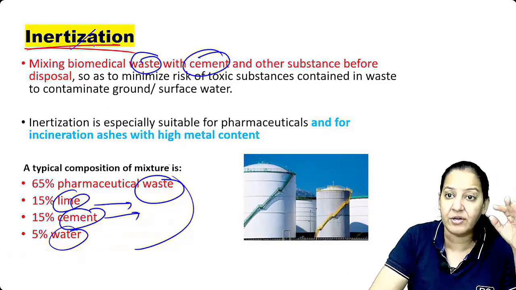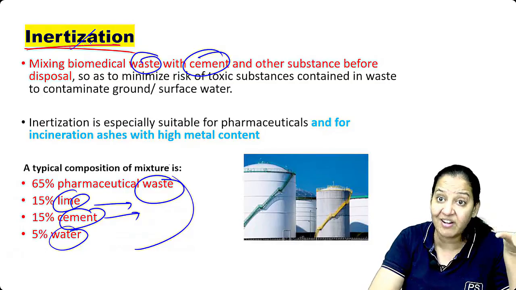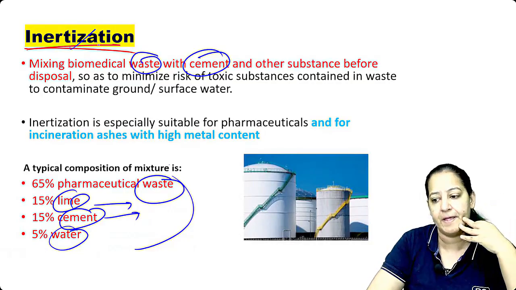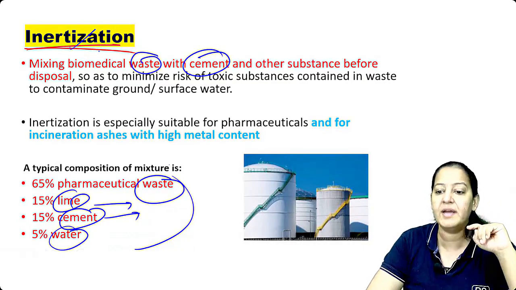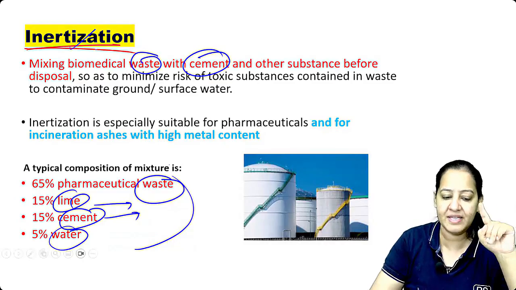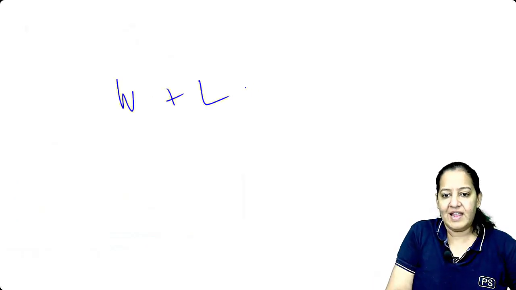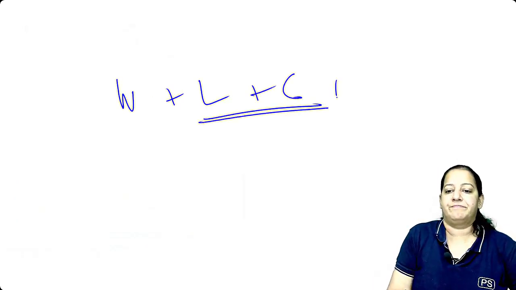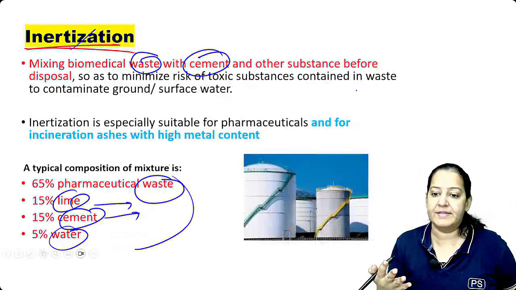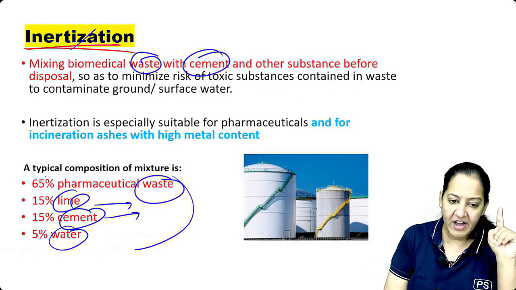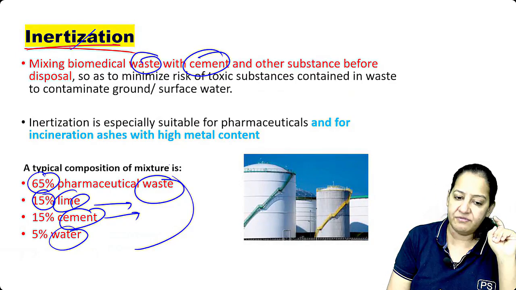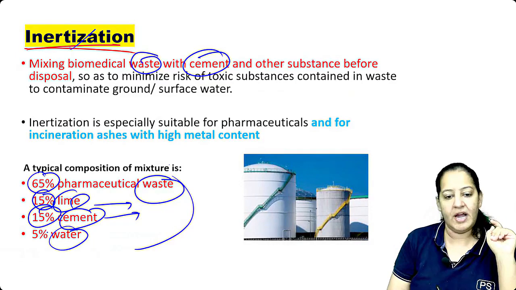You are making the waste inert. That is inertization. What are we doing in inertization? We are mixing the waste with lime, cement and water. So we are inertizing it. 65% of the waste is mixed with 15% lime, 15% cement and 5% water.